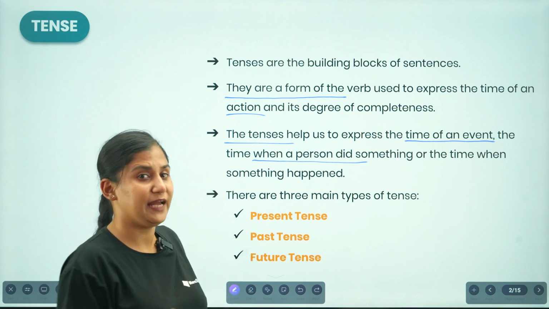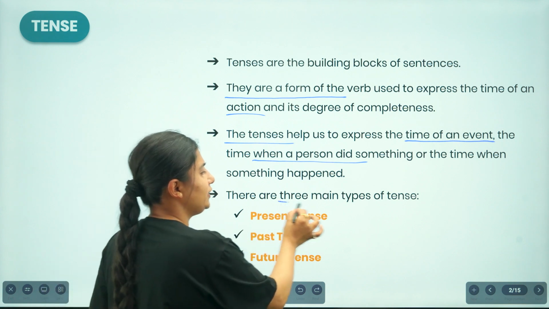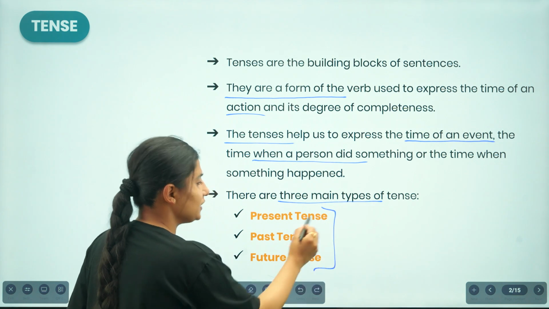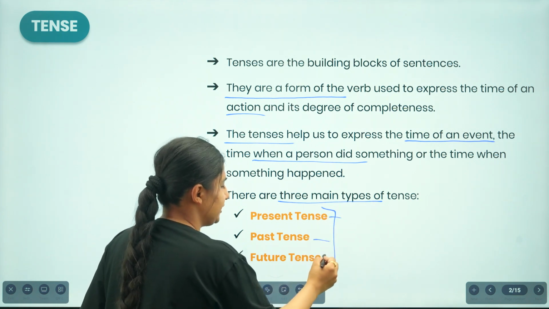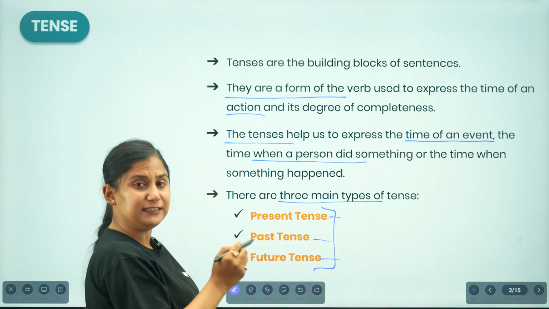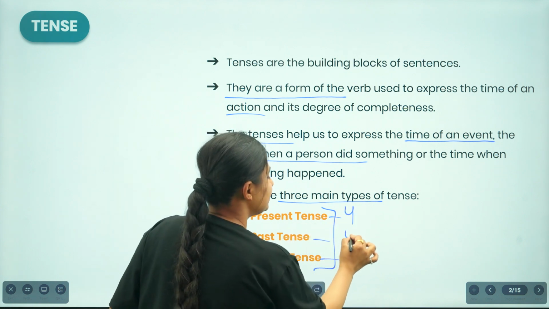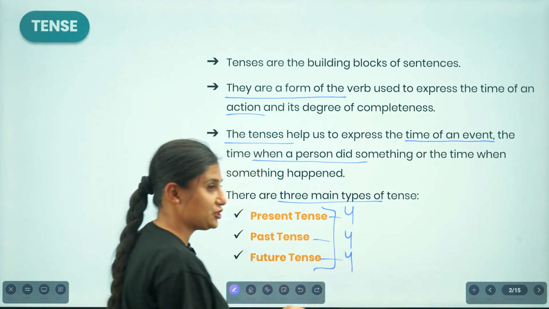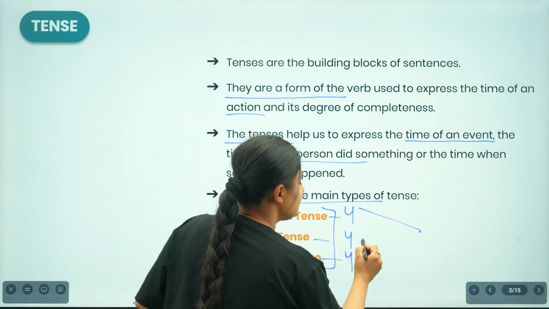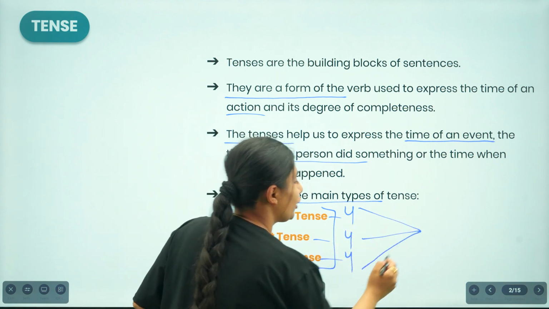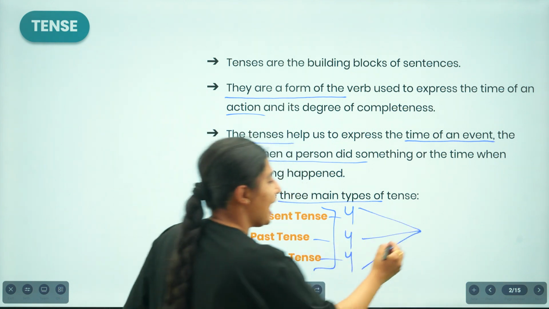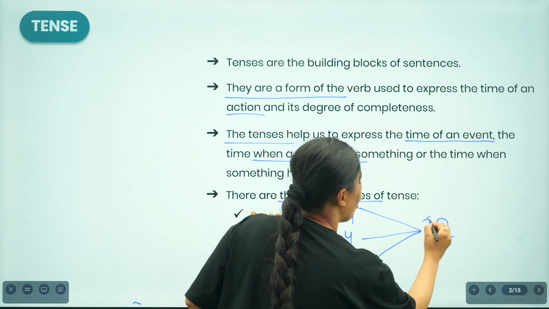Talking about tense, we have mainly three types of tense: the present tense, past tense, and the future tense. These three types of tense consist of four subtypes each. As they consist of four subtypes each, we have 12 tenses altogether.